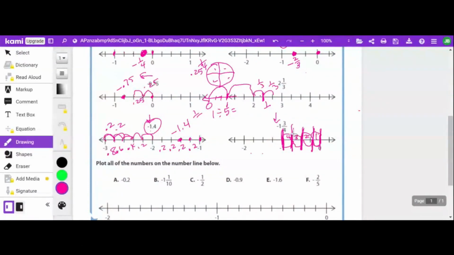We have 4 equal chunks, so each chunk is how much of the whole?